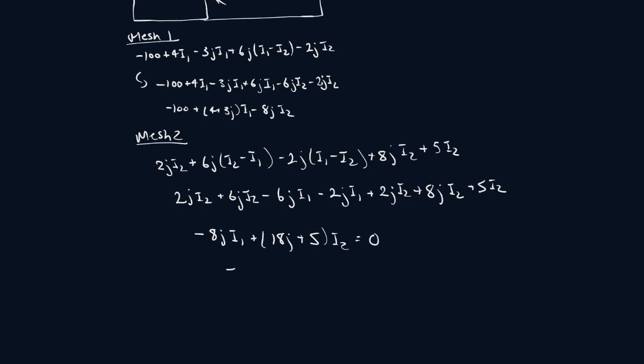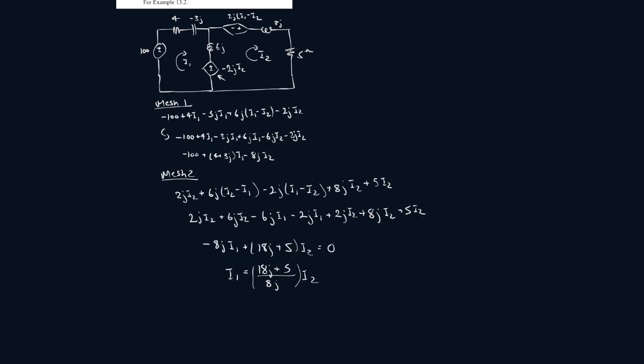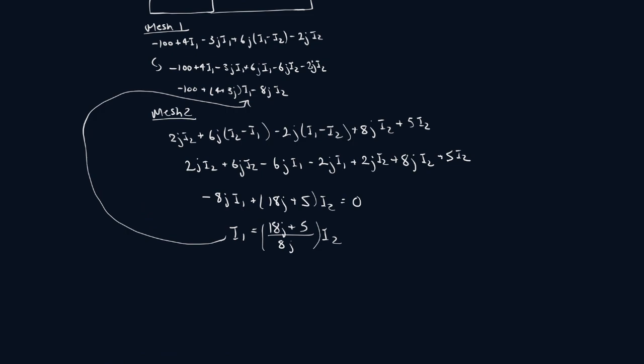So let's isolate for I1. So I1 is (18j plus 5) all over 8j times I2. And we're just going to plug all of that into our other formula. So it's going to be minus 100 plus (4 plus 3j) times (18j plus 5) all over 8j times I2 minus 8j times I2.